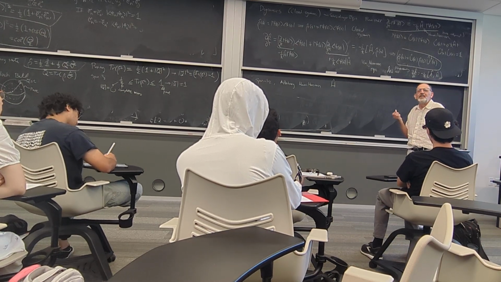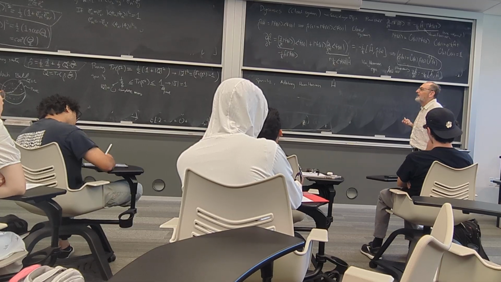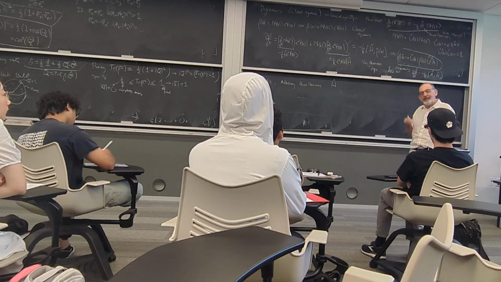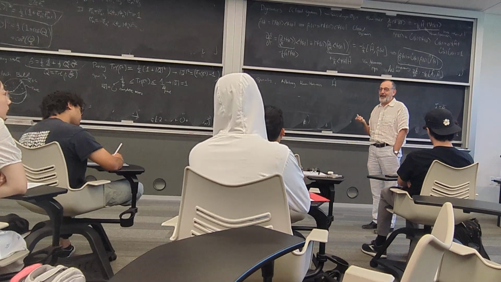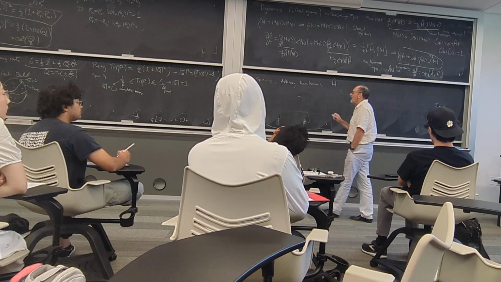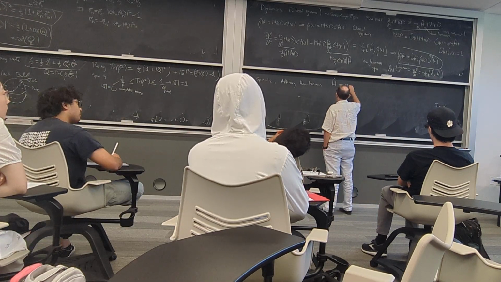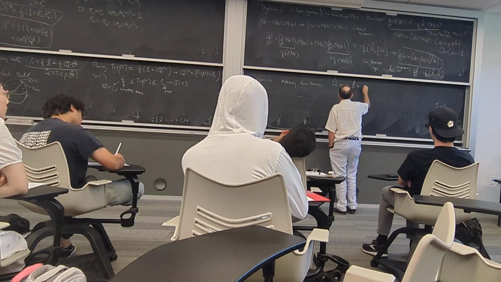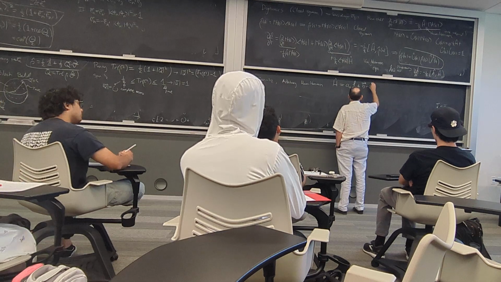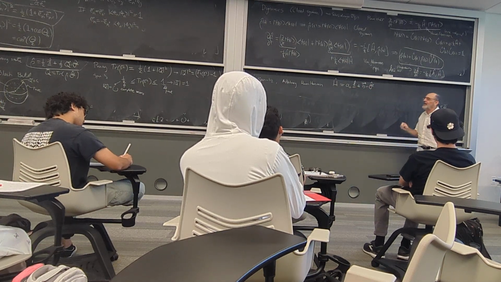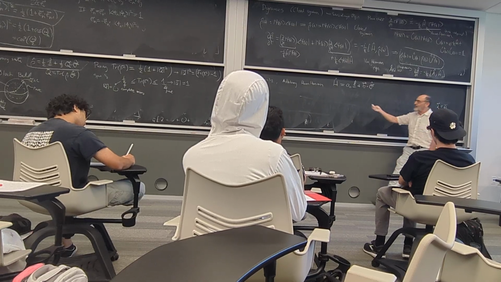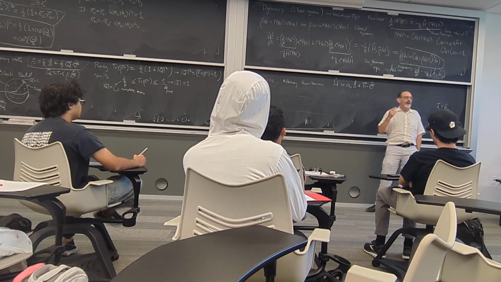What can we say about such operators? Generally, those operators can be expanded in the Paulis, because any operator can be expanded in the Paulis. So this is some amount, I'll call it A0, of the identity, and some amount with a vector of coefficients of the Paulis. I don't care what the Hamiltonian is, I don't care what the qubit is, it has this form, because every operator can be expanded in this way.